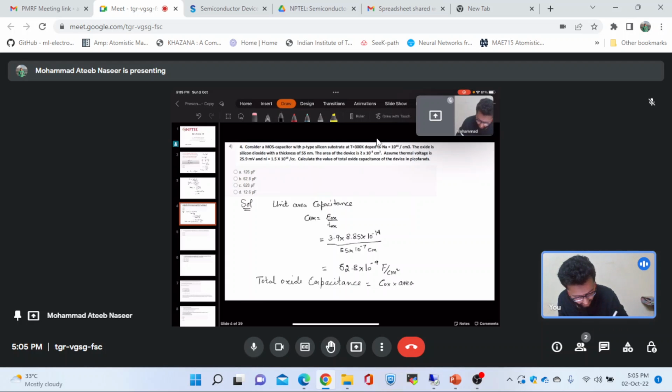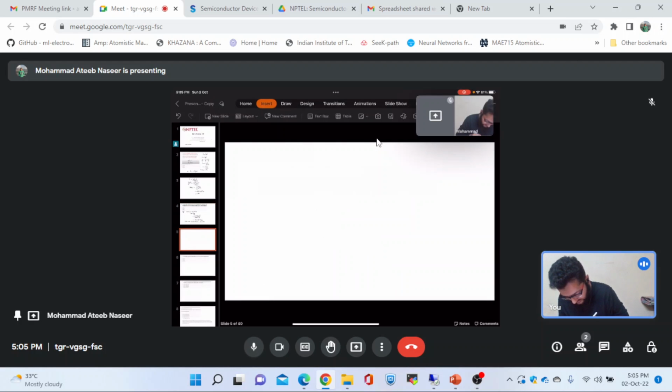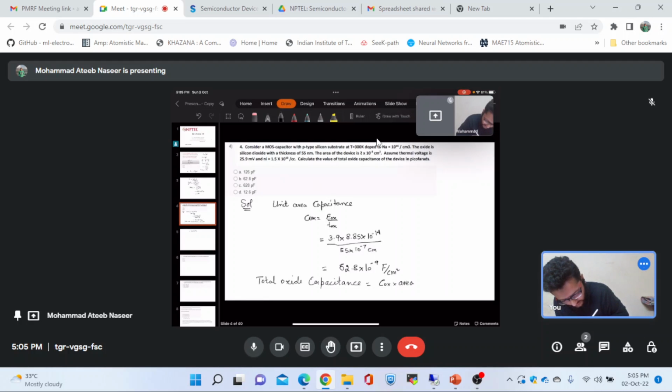We know the area, so this capacitance will be equal to 62.8 into 10 raised power minus 9, multiplied by the area, which is 2 into 10 raised power minus 3.